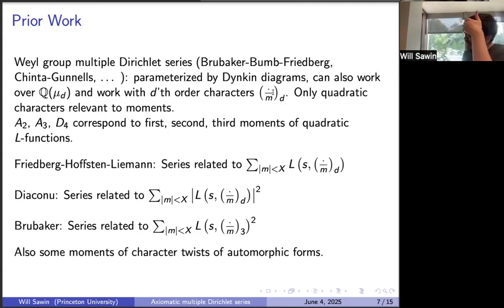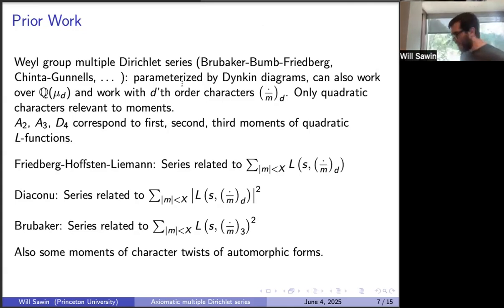However, it's only really the quadratic character case that's relevant to moments of L-functions. The others are relevant to other kinds of sums, which are not as immediately arithmetically motivated. These include the series used for the first, second, and third moments of quadratic Dirichlet L-functions, which correspond to the Dynkin diagrams A2, A3, and D4.